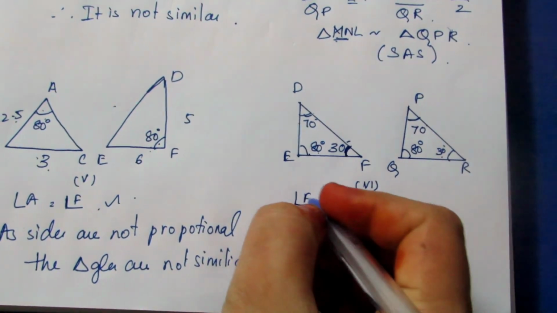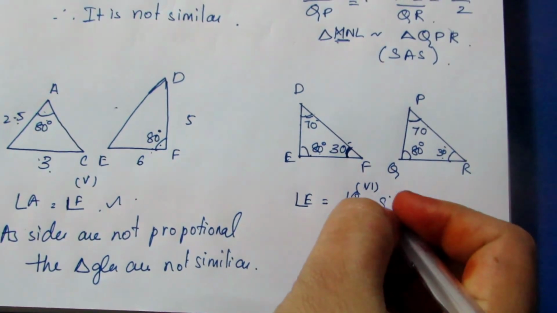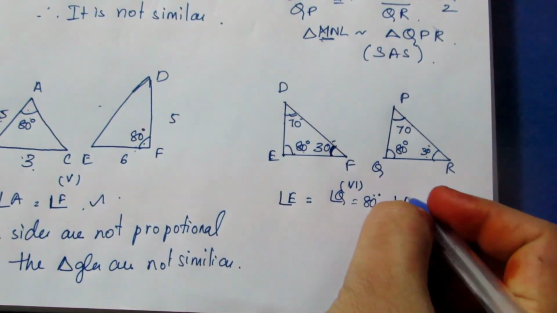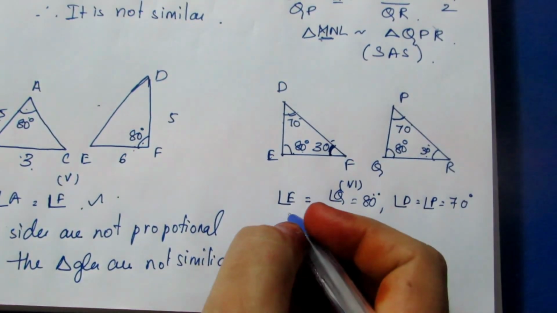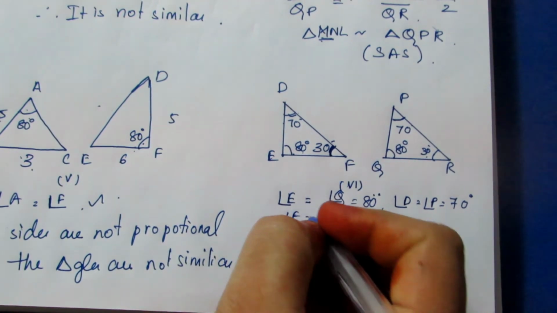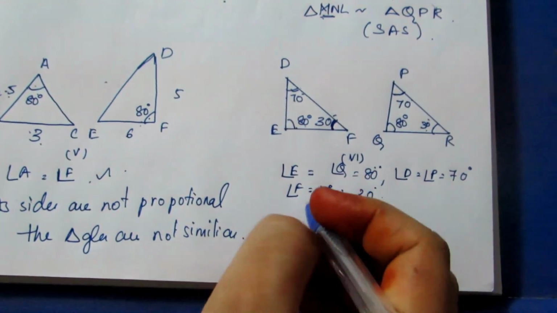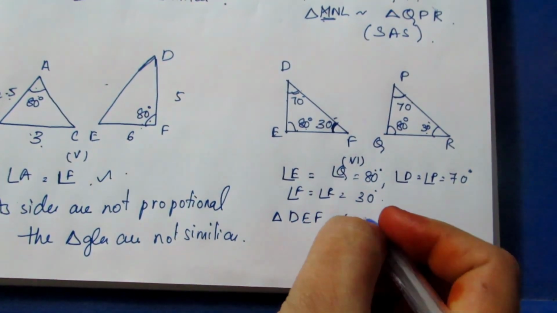Now we know that angle E equal to angle Q equal to 80 degree. Same way, angle D equal to angle P equal to 70 degree. Angle F is equal to angle R is equal to 30 degree. Now if I take DEF triangle, it is similar to triangle.